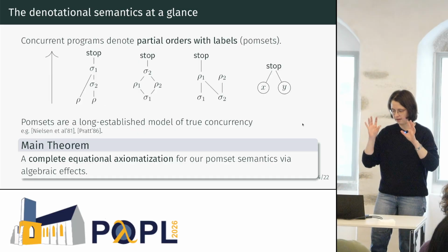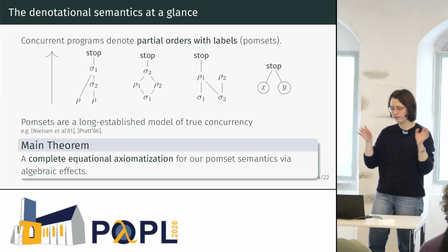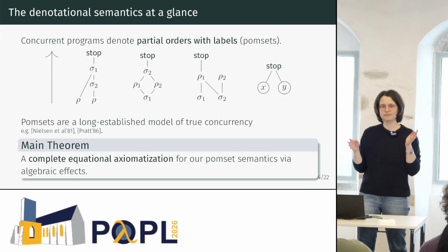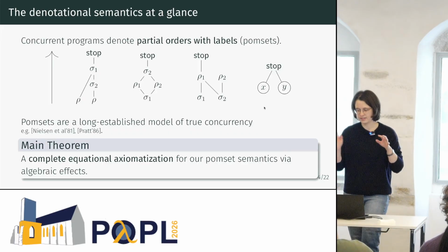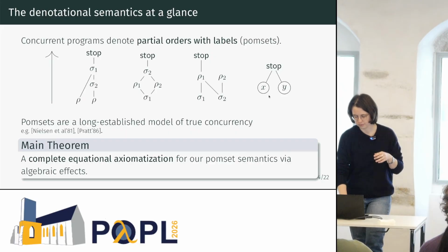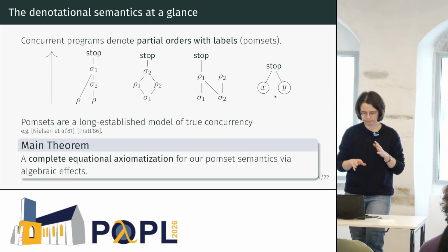Here are some more examples of POPsets that denote programs, just to show you the kind of things that we can build. We can also build a diamond shape or an N shape, and this last one is a special kind of POPset with holes, which I'm going to explain later, which we need for our semantics.